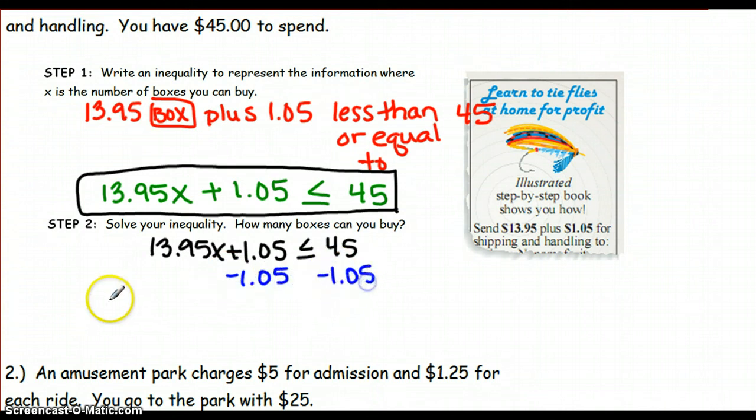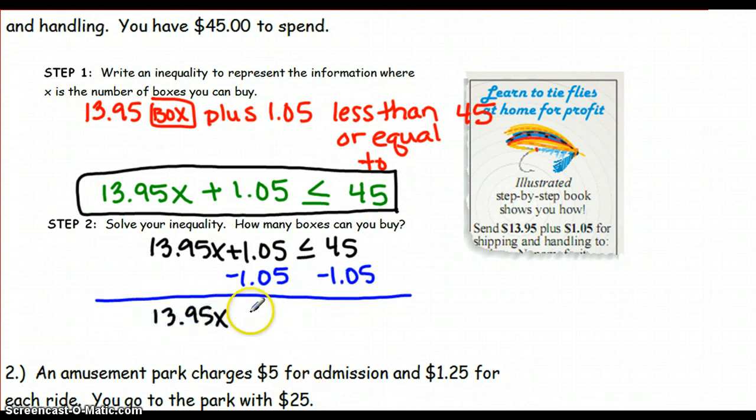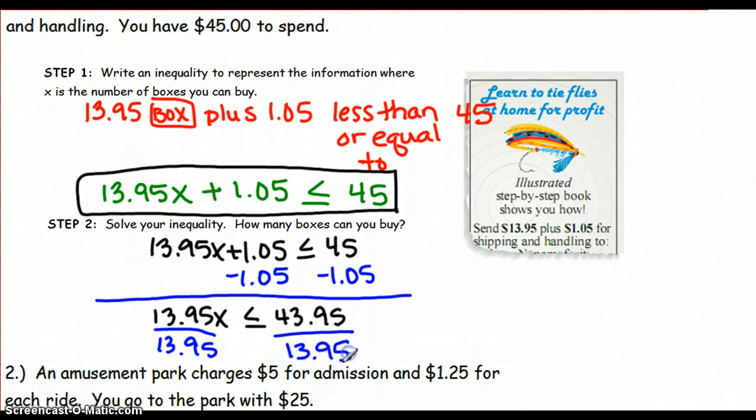And when we do that, we are left with 13.95x is less than or equal to 43.95. Now this last step we have to take here is to divide both sides by 13.95. And when we do that, we get x has to be less than or equal to approximately 3.15.